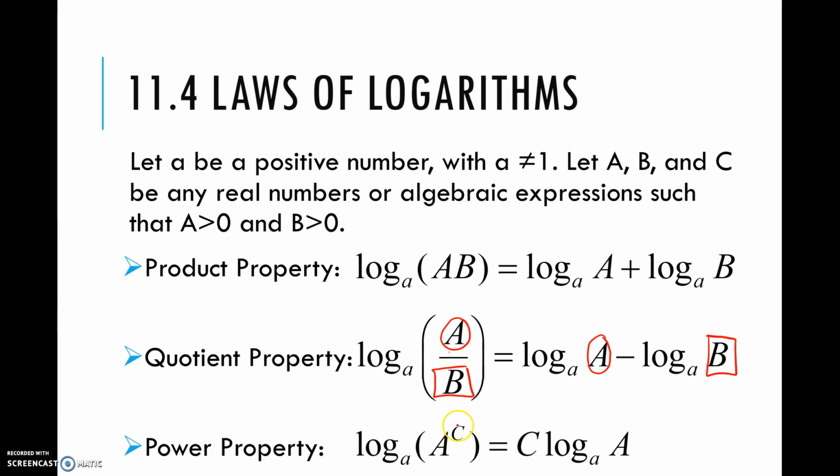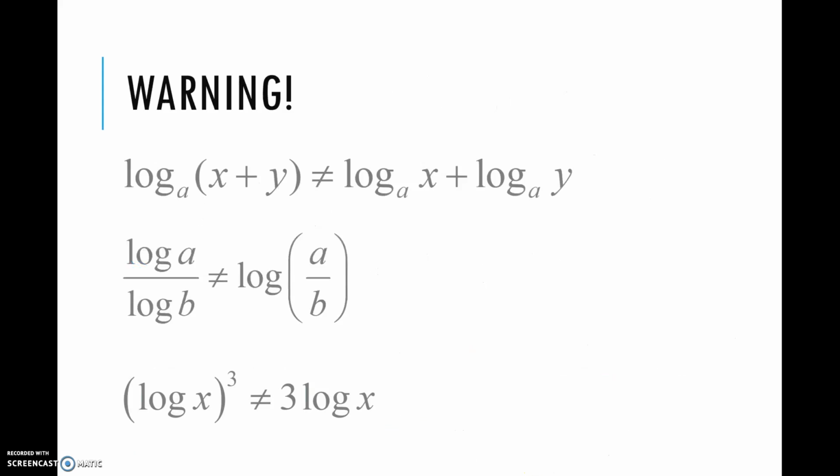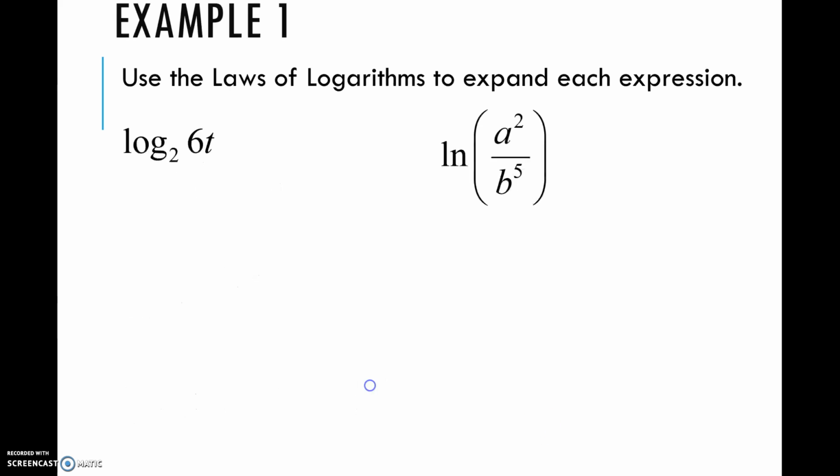Exponents inside logs move in front and become coefficients multiplied in front of the log. This warning slide is just saying that if you see addition inside the log, that does not mean addition outside of the log. Division between logs is not the same as division inside the log. Basically, this slide is just telling you don't use the rules outside of specifically what they say.